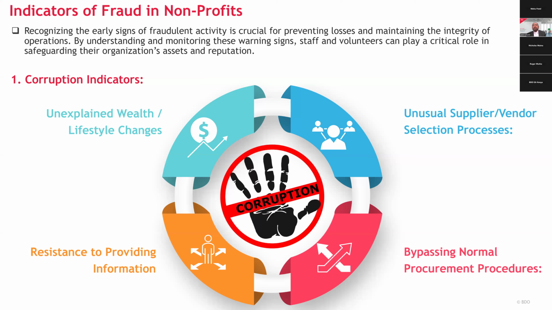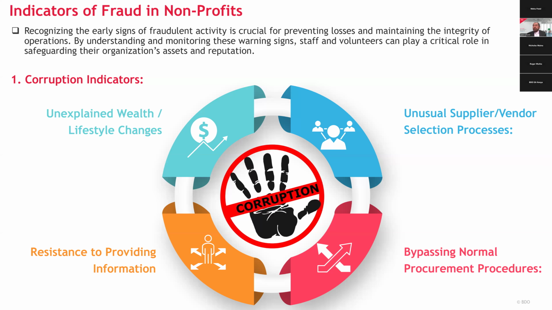The next red flag is resistance to providing information. Any reluctance to share details about procurement procedures or processes, how vendors are selected, how contractual decisions are made, all of this should raise some concern.